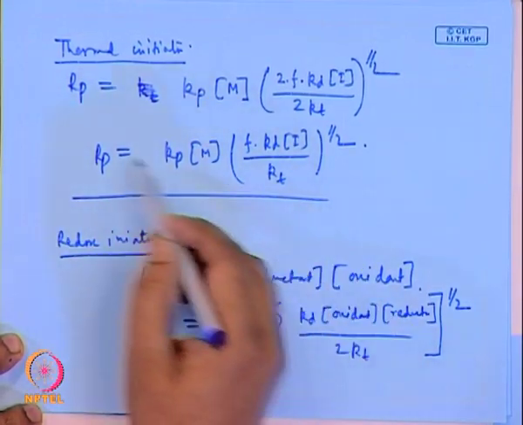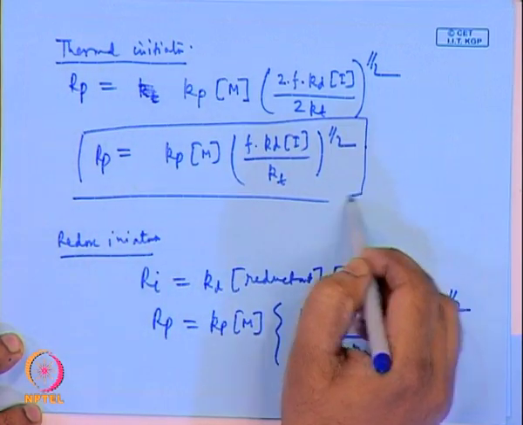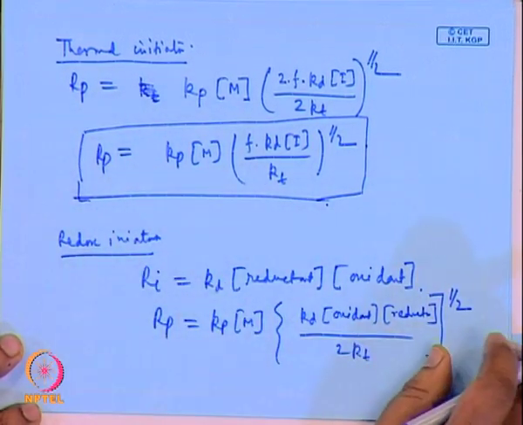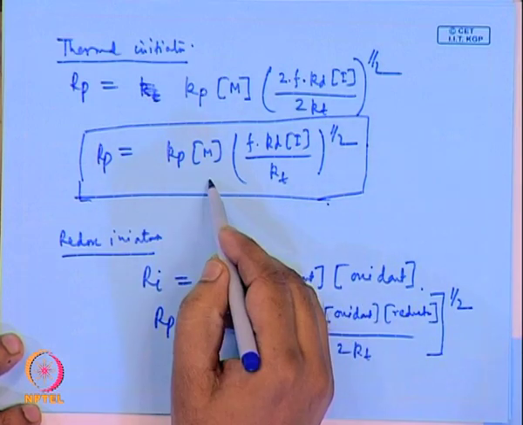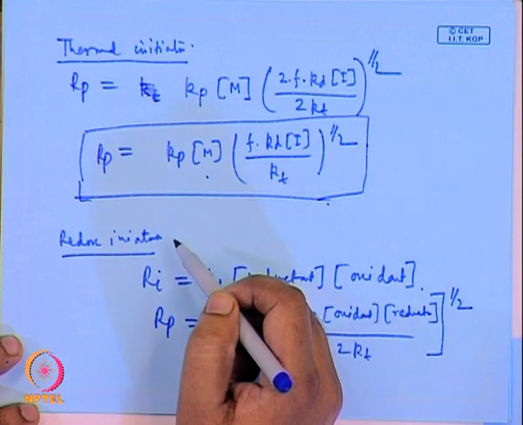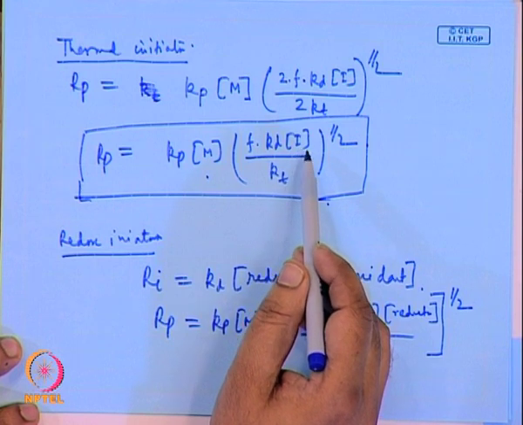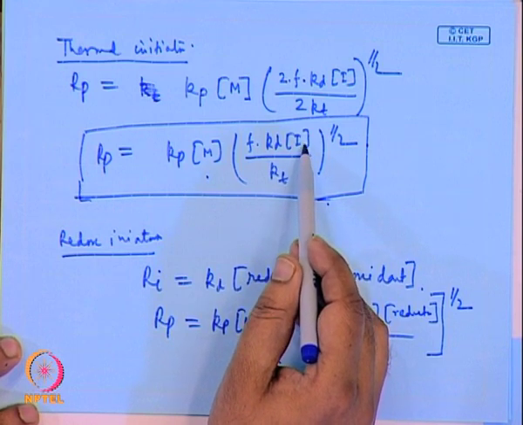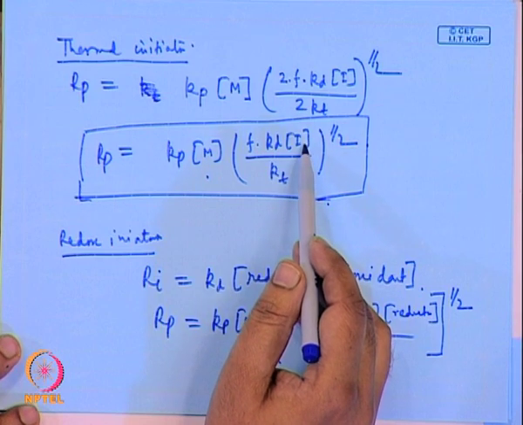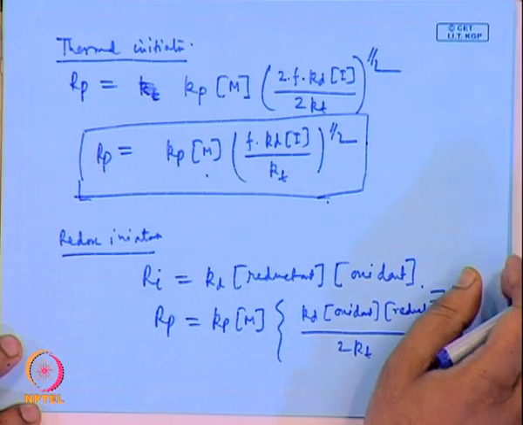Rp is given by this, which means rate of polymerization is directly proportional to the concentration of monomer, and it is proportional to the square root of the concentration of initiator.